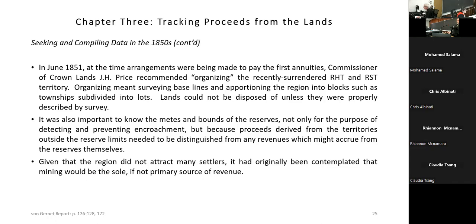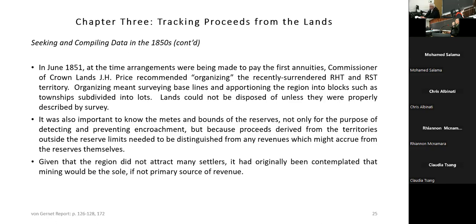But in order to get land sales in general, because keep in mind, the government never had revenues from royalties from mining or any kind of mining proceeds per se. What they did have was the income from issuing mining licenses, which was a very small amount, and from the first or second installments of the payments that mining companies were supposed to make on the sale of the lands themselves.